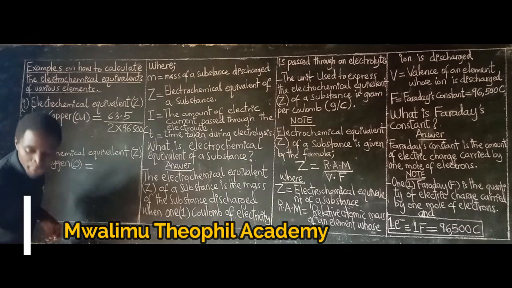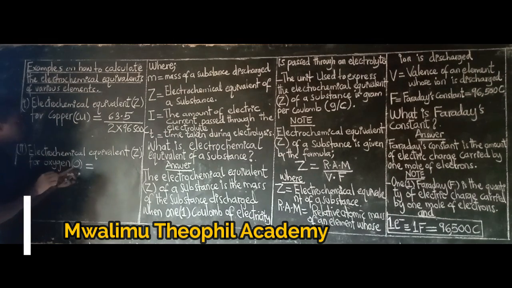So here, what are we going to get? Let us compute it by using a calculator. It is 63.5 over 2 times 96,500.